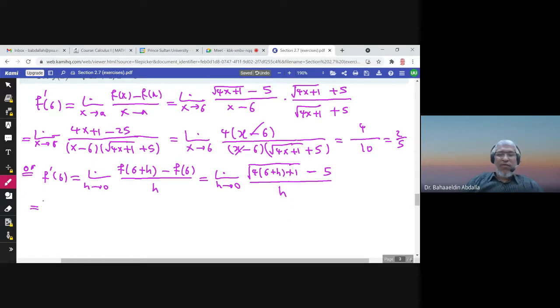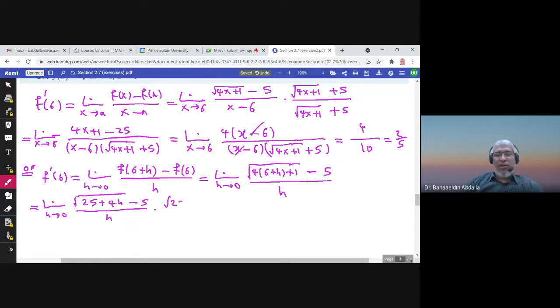So I will have the limit as h approaches 0 of... Now 4 times 6 is 24, plus 1 is 25, plus 4h. If you replace h by 0, you will get 0 over 0.